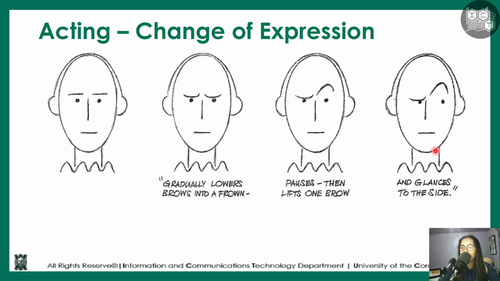But at the same time, it can be a lot better if you try to do it one at a time. So as you can see in this illustration, bababa muna yung eyebrows, which would create this furrowed eyebrow kind of look, which satisfies our first idea. And then you have this one right here, yung nakataas na eyebrow natin, which satisfies our next idea. And then the third one is you have the eyes moving to one side. So with this one, if you think about it, sabihin natin this is like 8 frames.